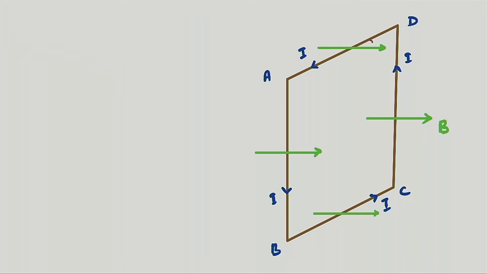Let this angle be alpha, and this is the normal of the coil, which makes an angle theta with the direction of the magnetic field. Now we can consider that this loop consists of four different conductors: AB, BC, CD and DA.